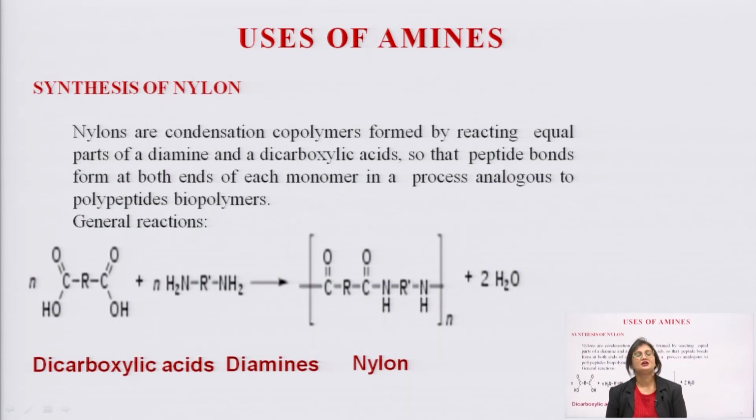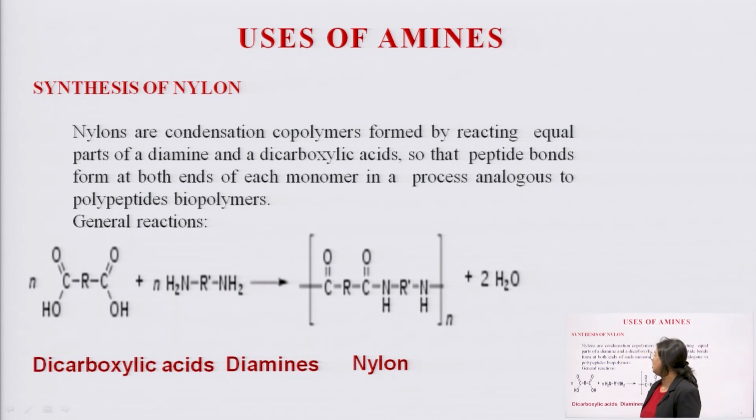Synthesis of nylon is one of the most important uses of amines. What are these nylons? Nylons are condensation copolymers. These are condensed polymers formed by reacting equal parts of a diamine and a dicarboxylic acid.